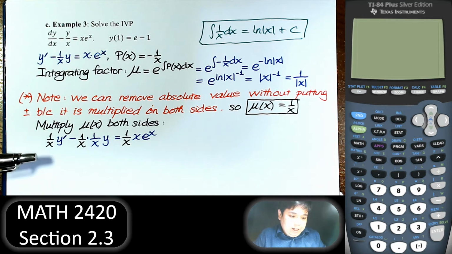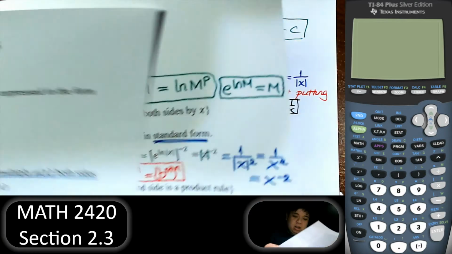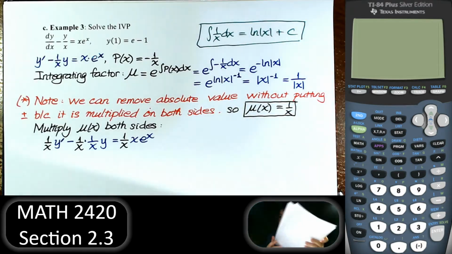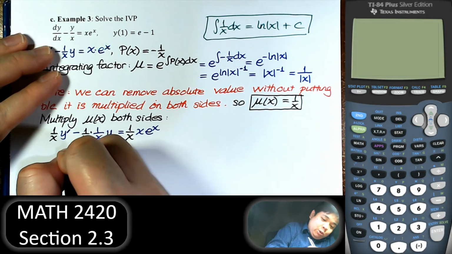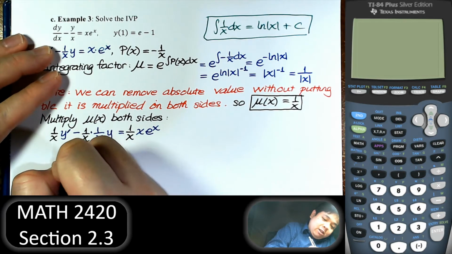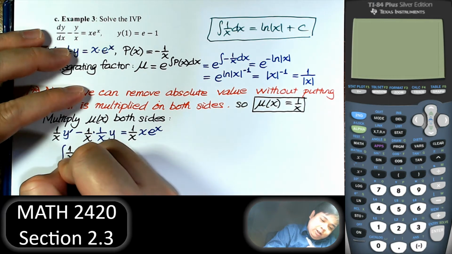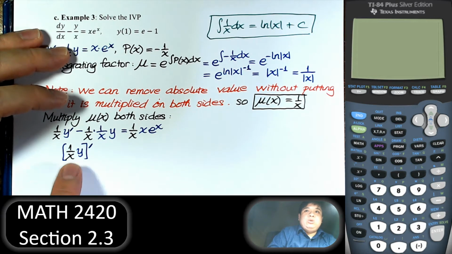Now, the left-hand side, though, when we do a lot of these problems, it turns out to be just the integrating factor and y. So, yeah, we don't even need to simplify this. We know the left-hand side will turn into the integrating factor times y, all of that under the derivative. So that is the product rule. The left-hand side will turn into just that.